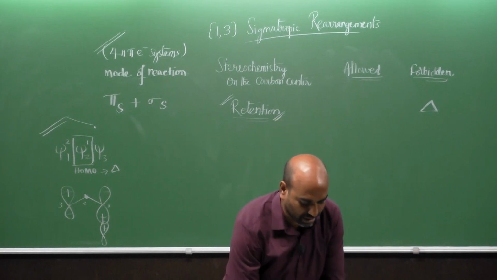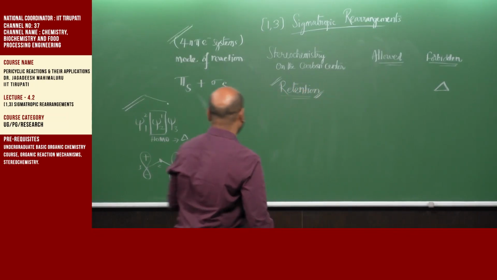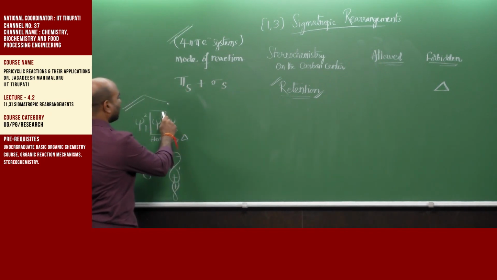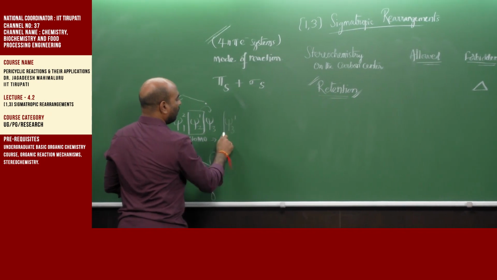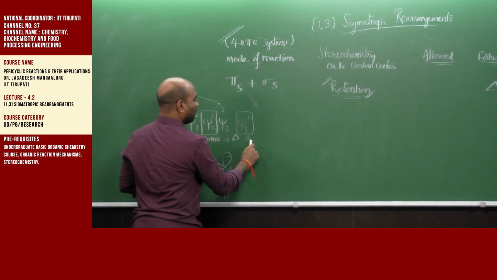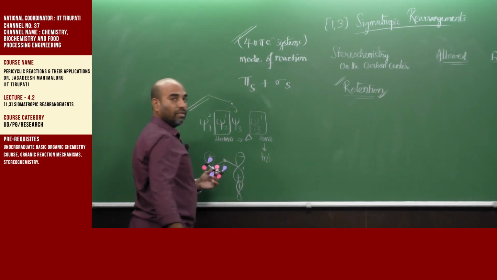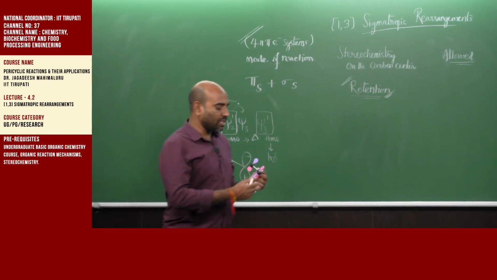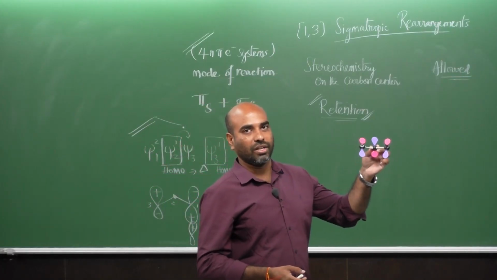What is going to happen in the photochemical condition? With light irradiation, excitation takes place and therefore psi3 becomes the HOMO under photochemical conditions. How does psi3 look? This is the psi3 molecular orbital.